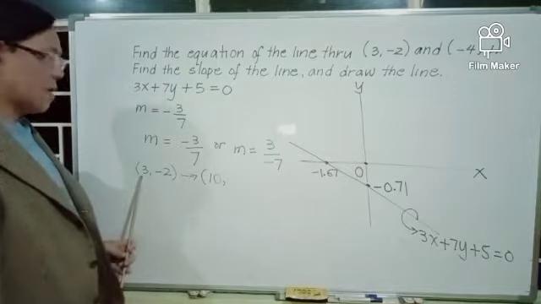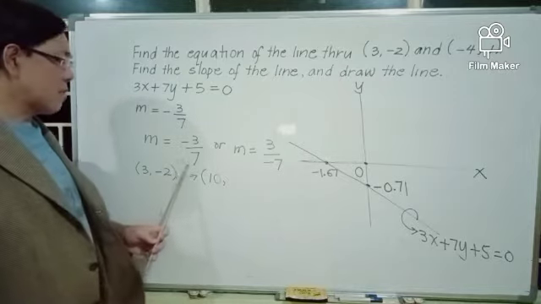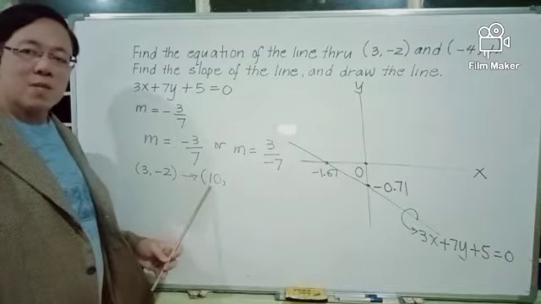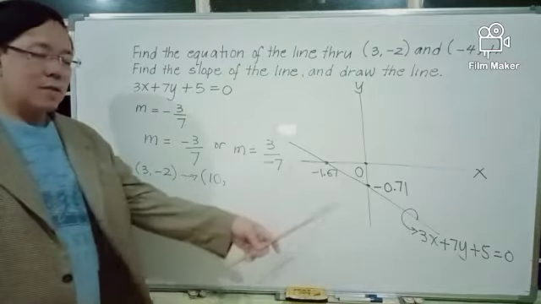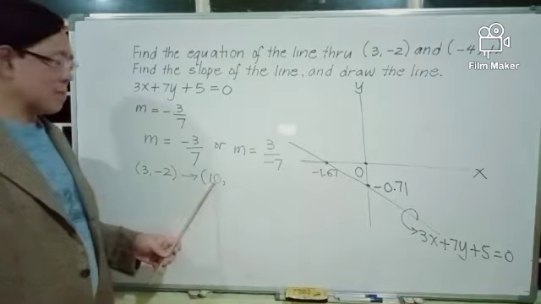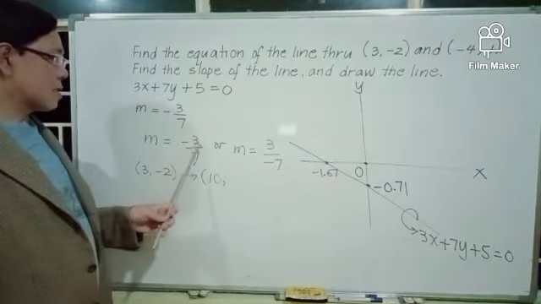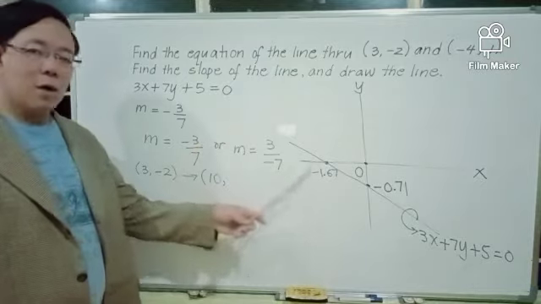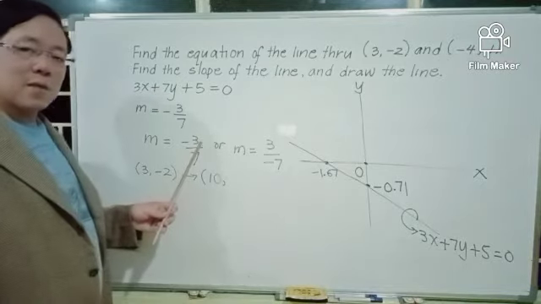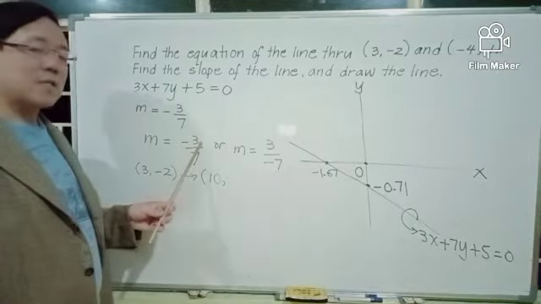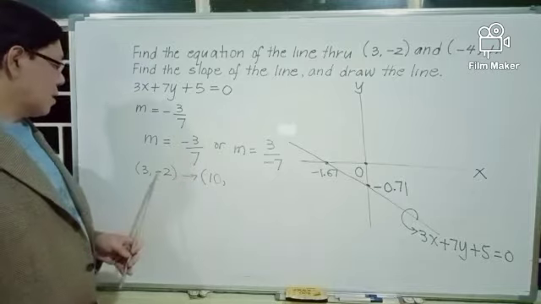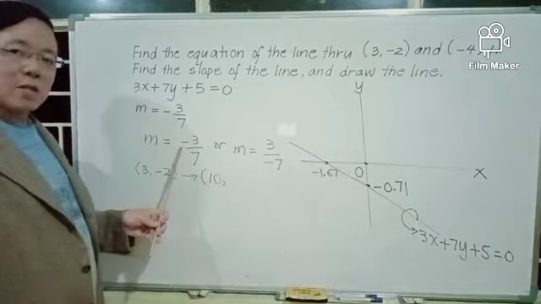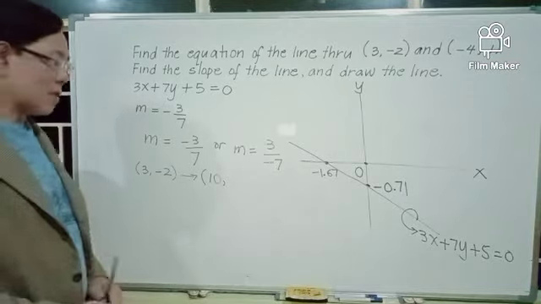The slope says that the ordinate of the new point on the line will decrease by 3 units. Hence, from this point, negative 2 minus 3, you get negative 5.